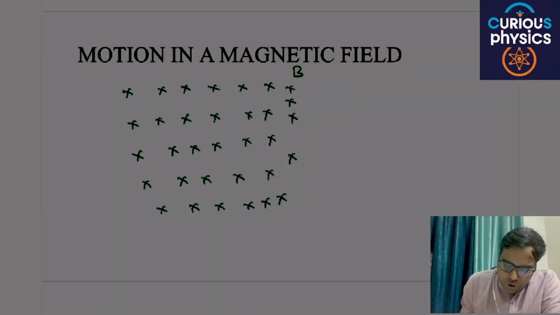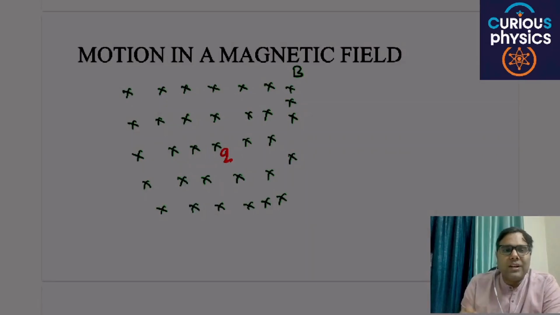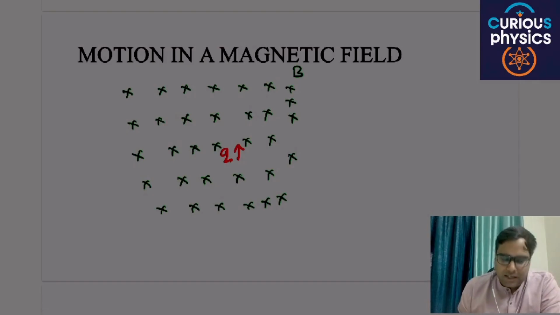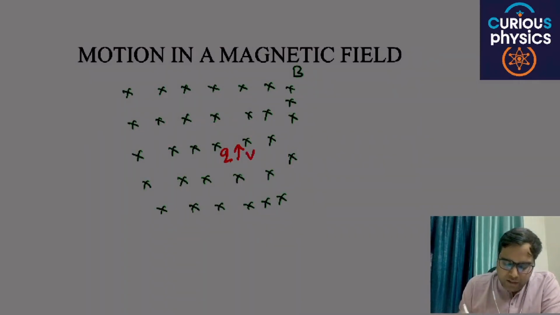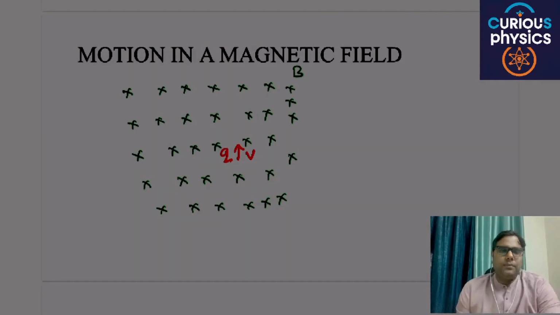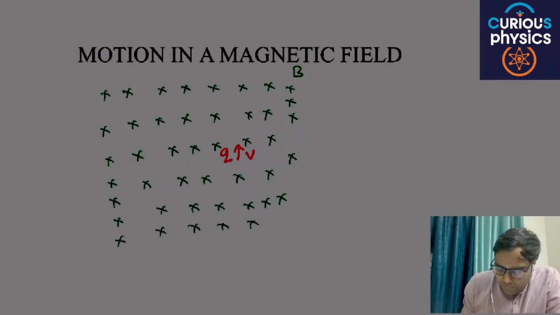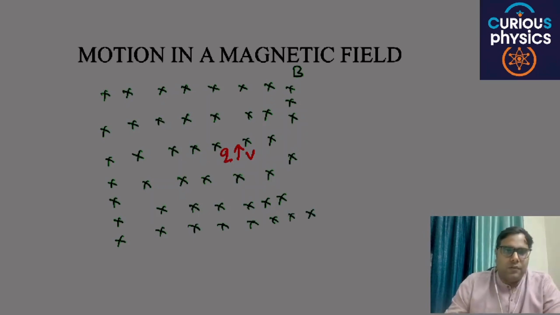Let's say a charge Q is moving with velocity v in this direction. Then in the first case, we can easily find the value of magnetic force, but what will be the direction of magnetic force?